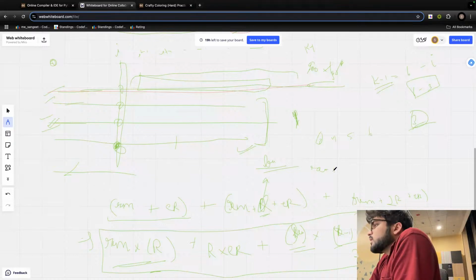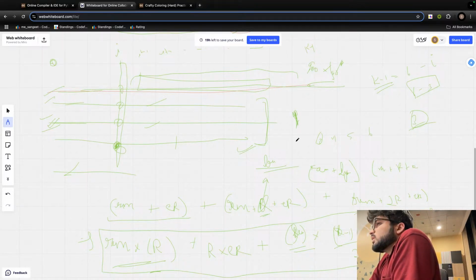Remainder plus right. This will be subtracted. Remainder plus row into right. Remainder plus 2 row. Remainder into Q plus right.